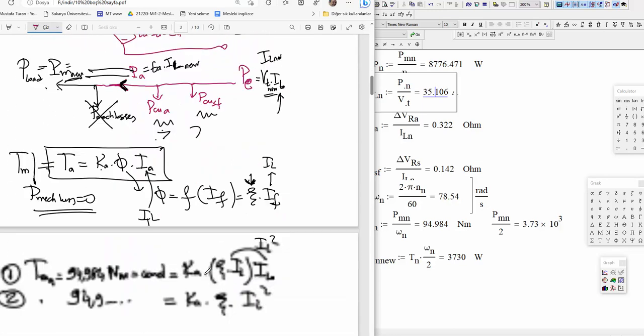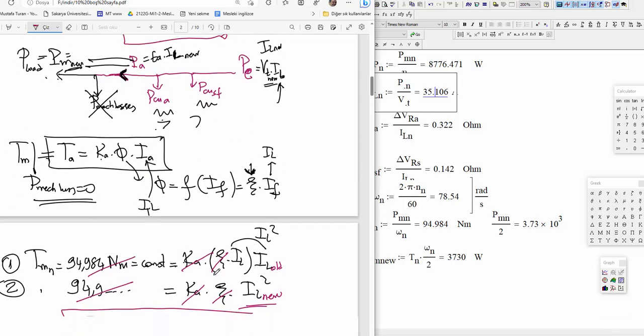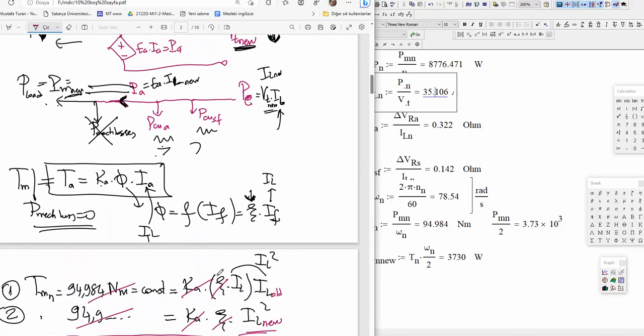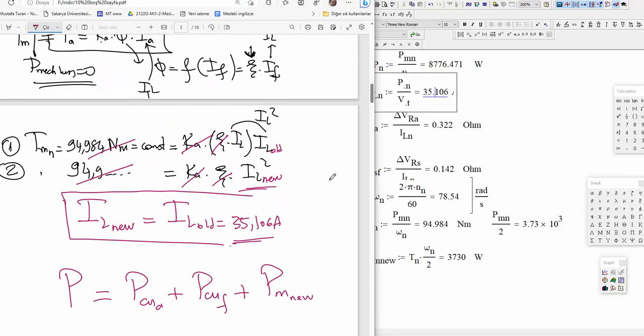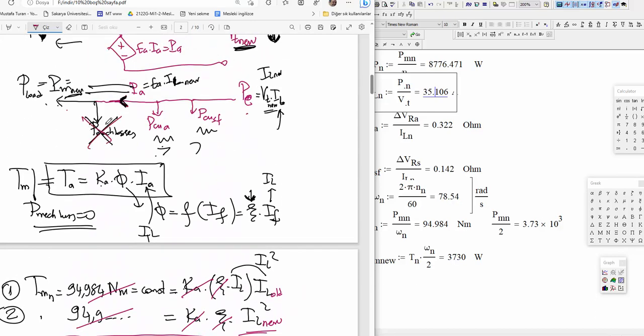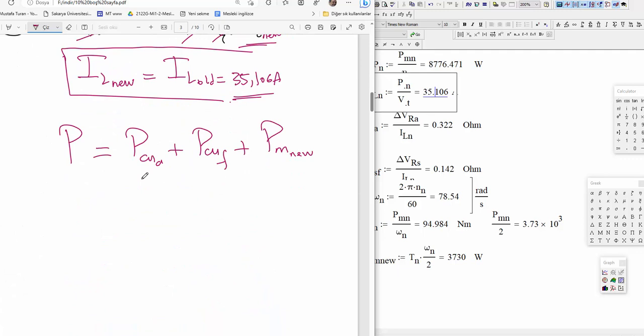But we have not completed yet. Let's write power balance. Applied input power, losses, and output. So, input power is equal to copper loss in armature, copper loss in field coil, plus mechanical new output, which is the half of its rated value, since there is no mechanical loss.